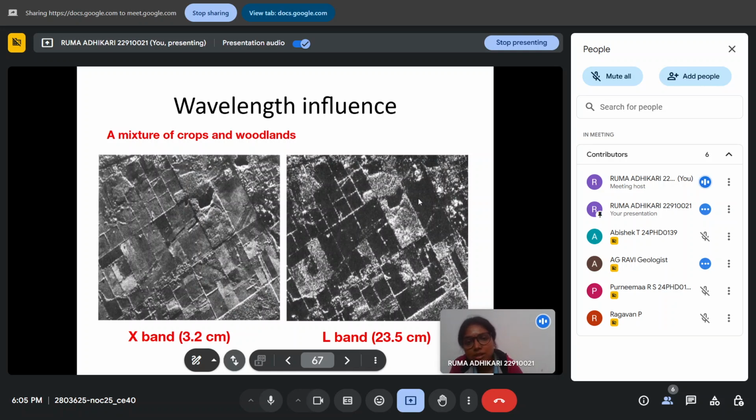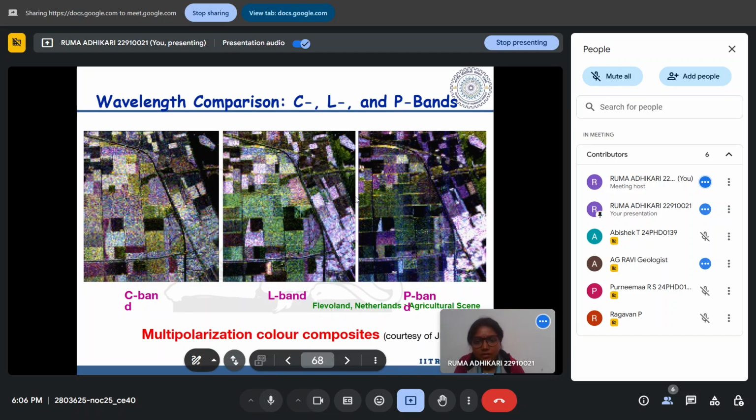So it is very important not only to identify, but to take into consideration that this band will look like these things, and that band will look like those things, even if two sensors look at the same thing differently. Similarly, how the C band, L band, P band look is different.